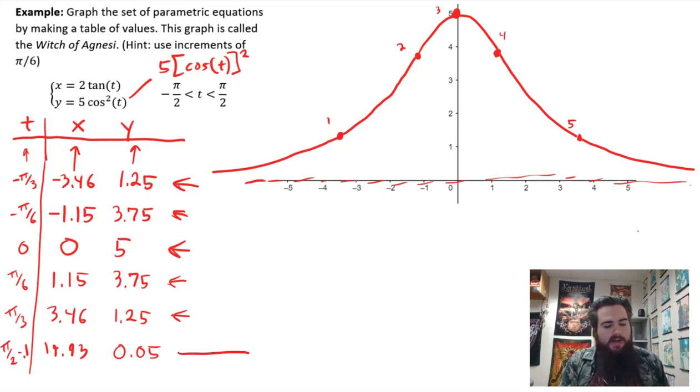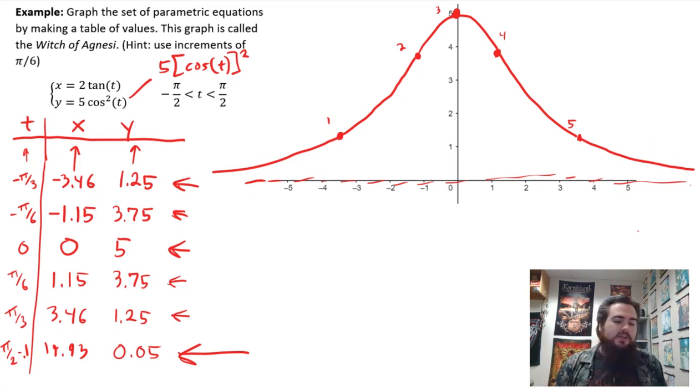The last point, the 19.93, 0.05, would be graphed far off in the distance to the right. And there should be an equivalent negative 19.93 and 0.05 far to the left. So you can get an expectation of what this would look like.